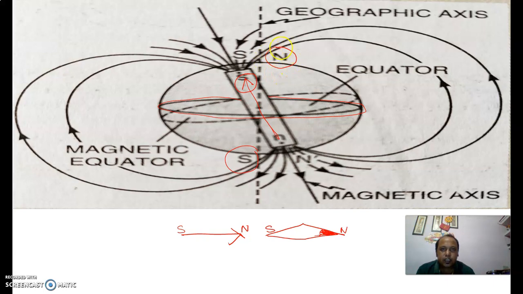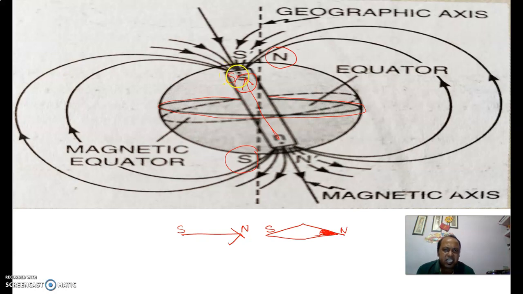This is the geographical north, but the magnet of the Earth, which is somewhere inside the Earth, has its south pole here, because of which the needle's north will be directed towards the south of the Earth's magnet.